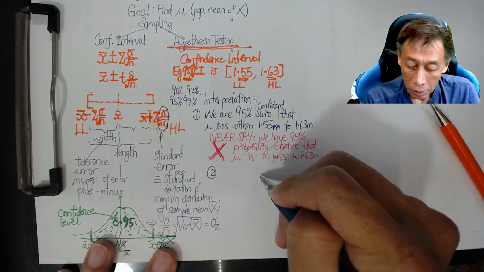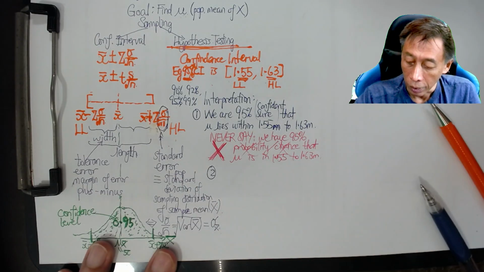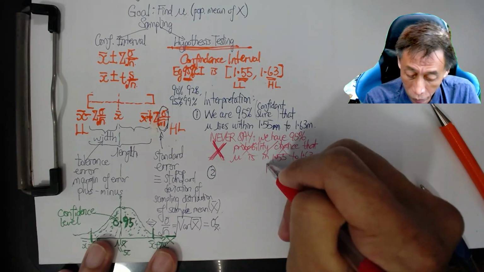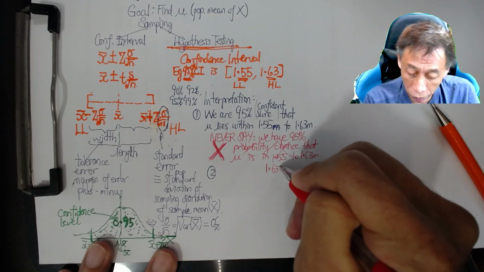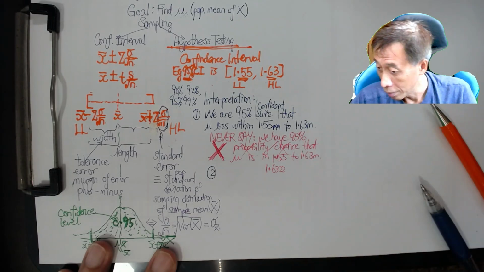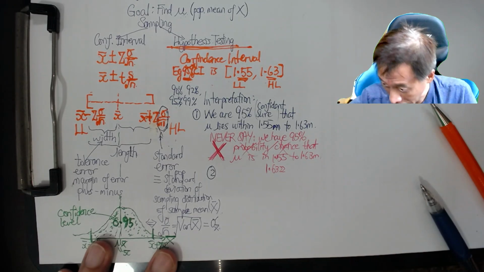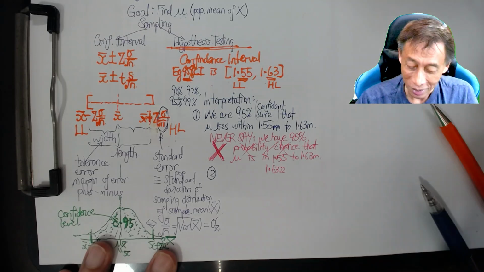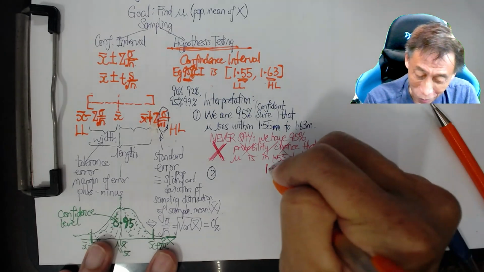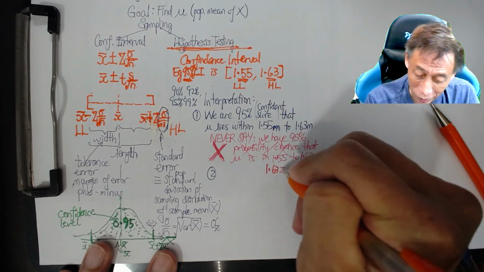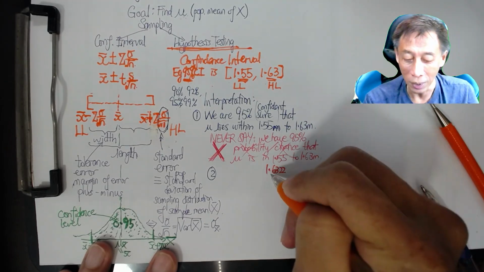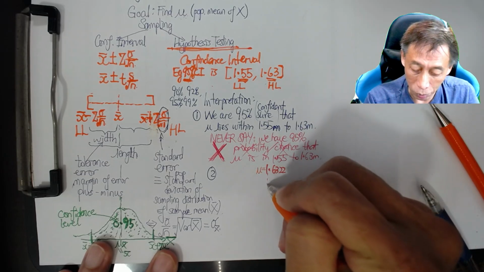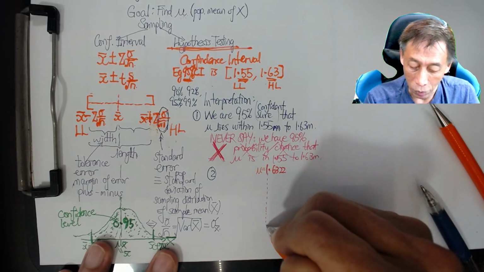All right. So if mu is actually 1.6322, something that you are not supposed to know, but I just put it here to give you a visual guidance.